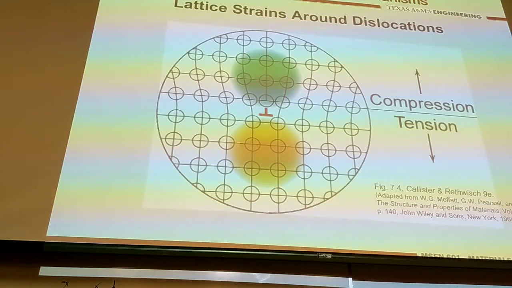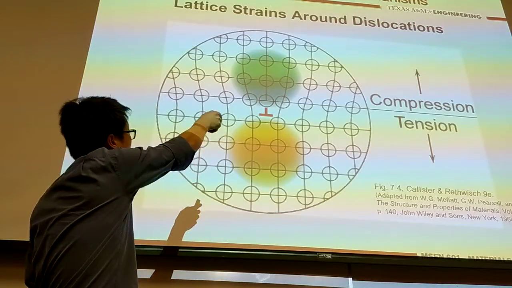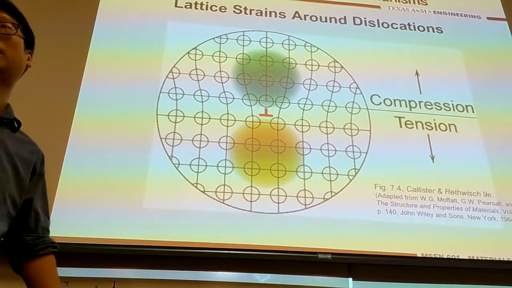Now, if we look into a more microscopic picture, at the exact stress field around a dislocation, we already learned that for an edge dislocation, on the top here, for example, it has a lot of compressive stress, and here, I have tensile stress.